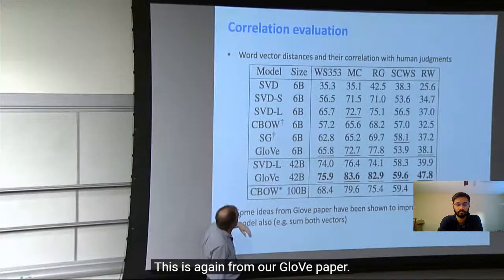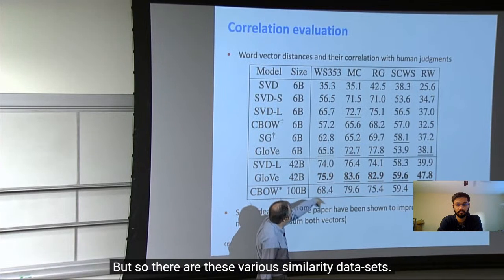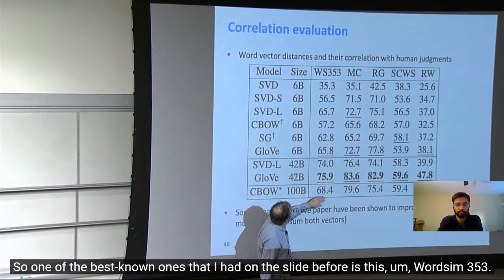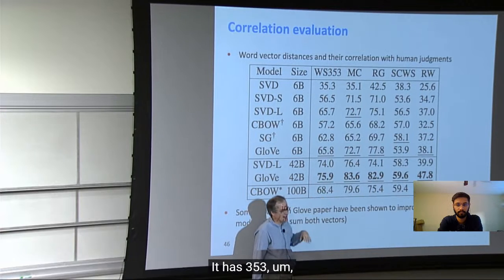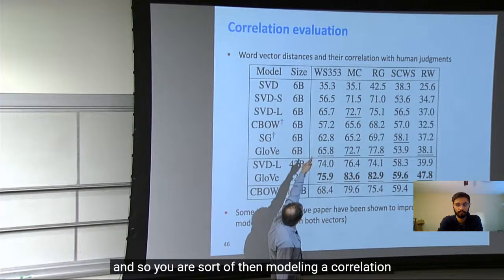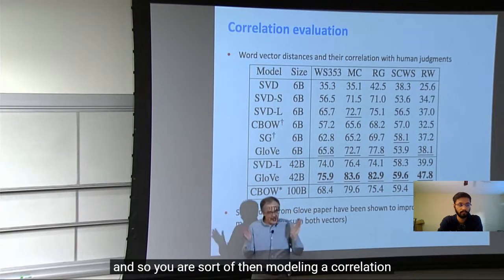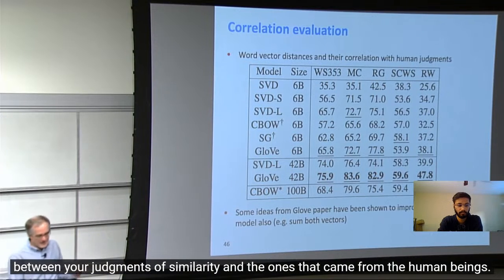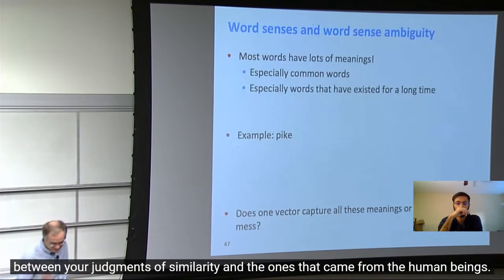This is again from our GloVe paper, and there are various similarity data sets. One of the best known ones that I had on the slide before is this WordSim 353. It has 353 different pairs in it, and so you're modeling a correlation between your judgments of similarity and the ones that came from the human beings.